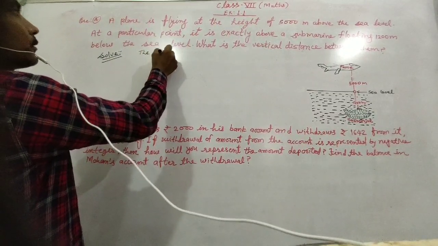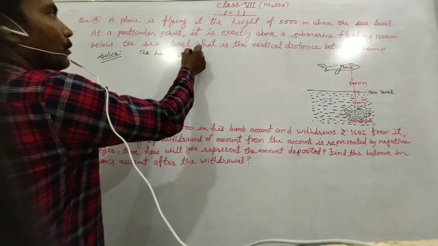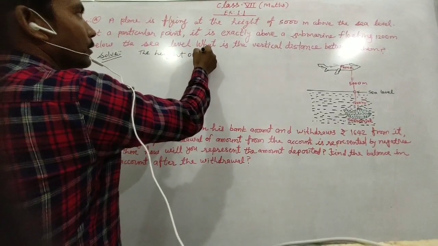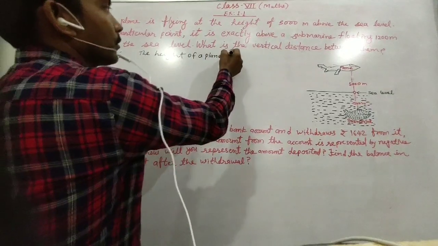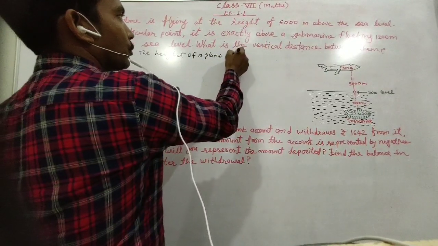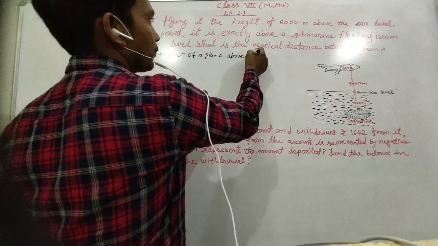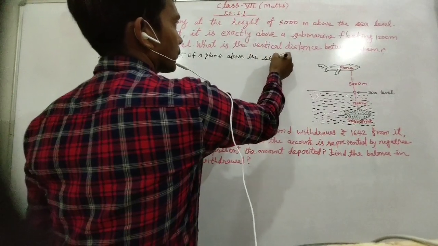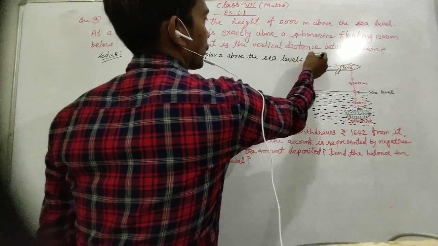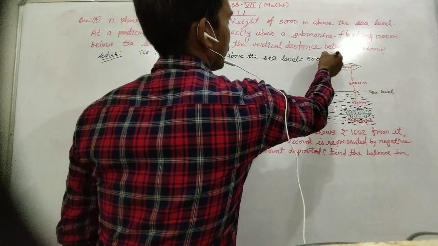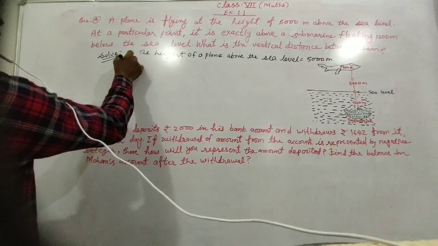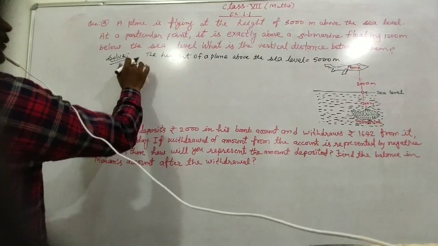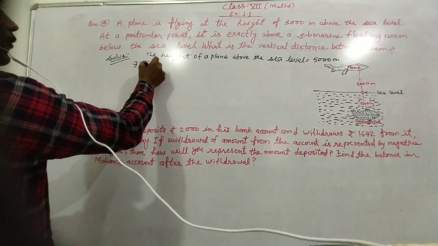The height of a plane above the sea level equals 500 meters.